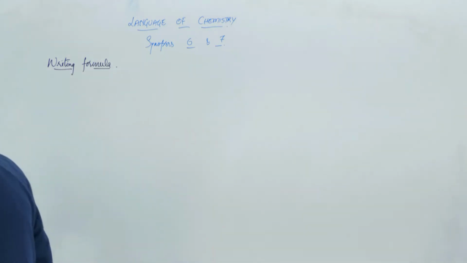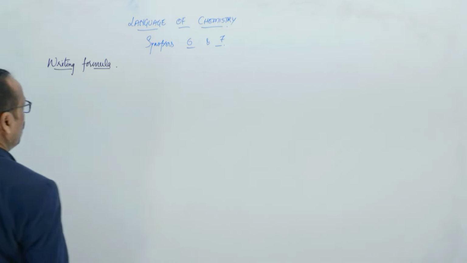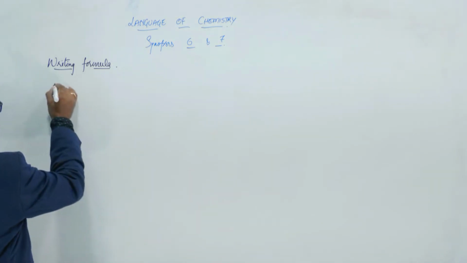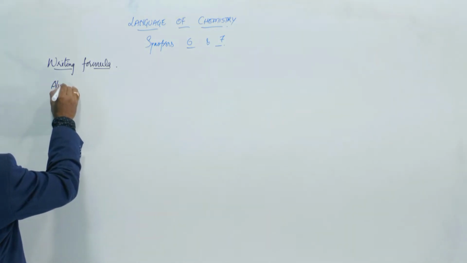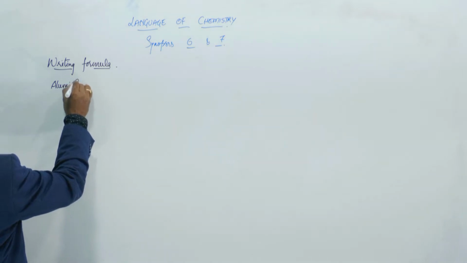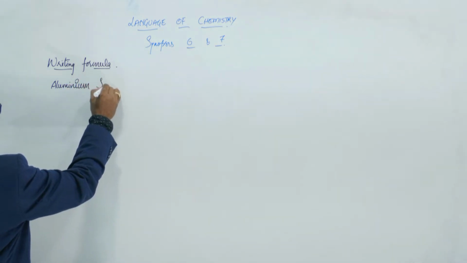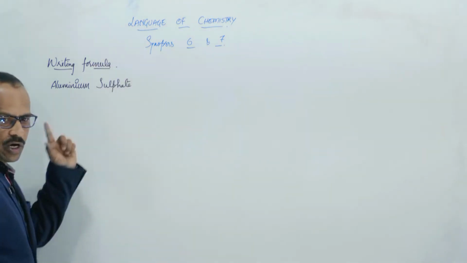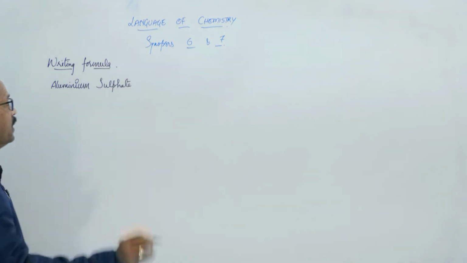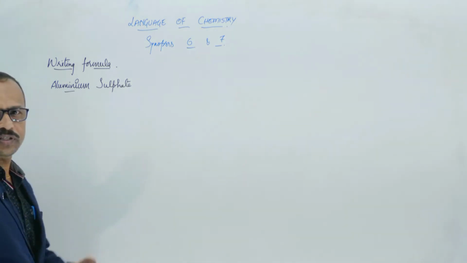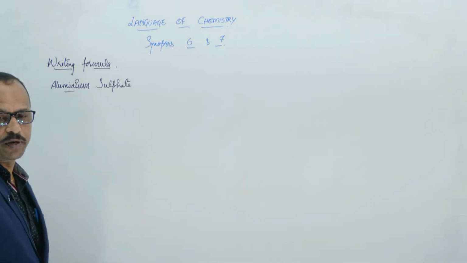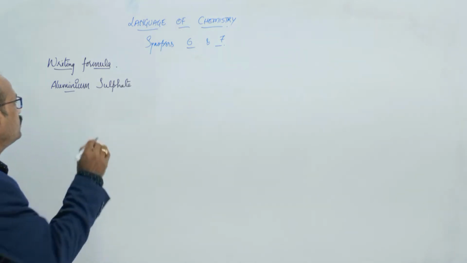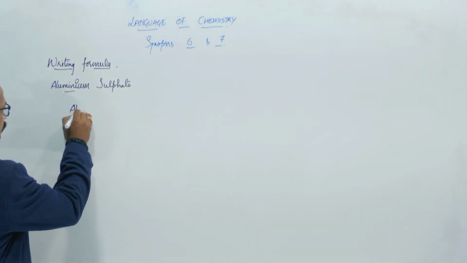For example, if I want to write the formula of aluminium sulfate. Listen carefully. First you need to write the symbol of aluminium. What is the symbol of aluminium? Good, Al.